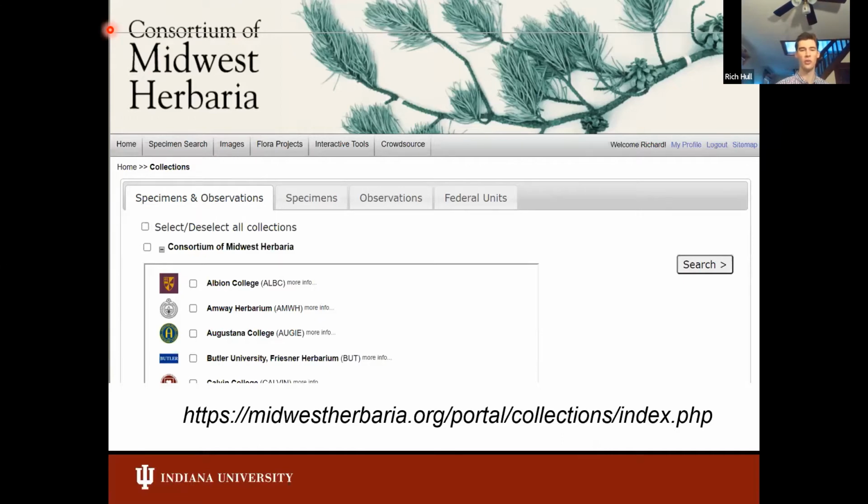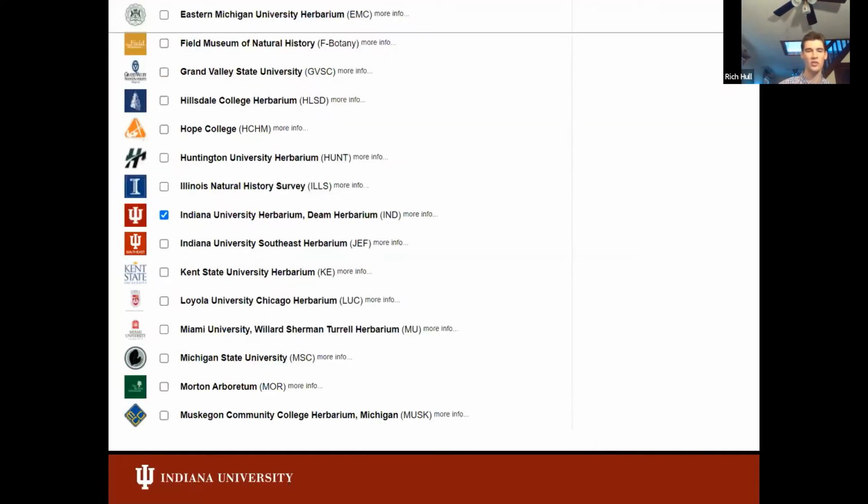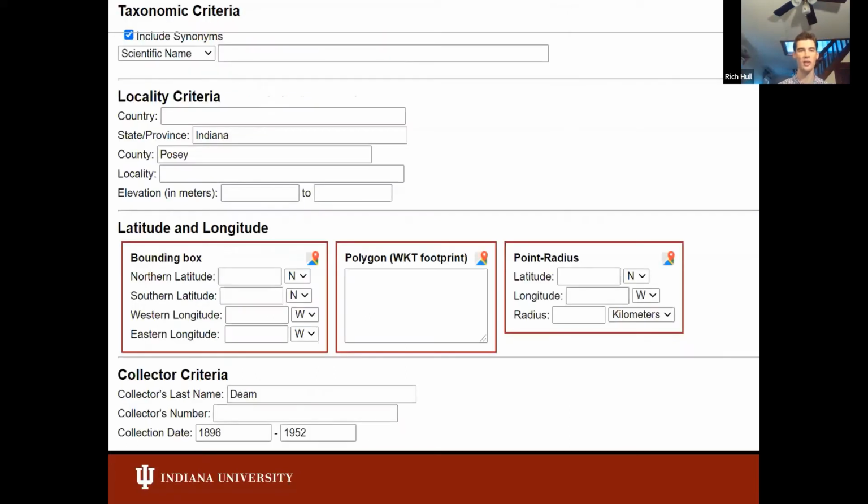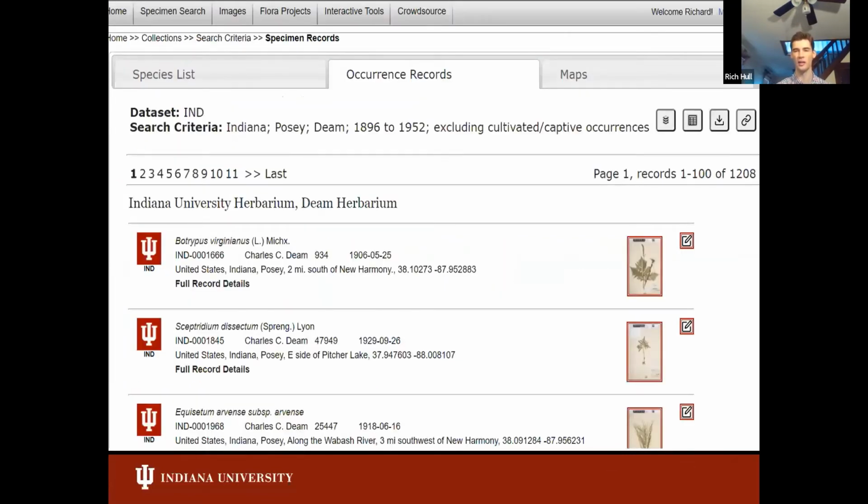And if you go to this URL here, you'll have to scroll down to the Indiana University checkbox and check it. And then if you go to the next page, you can put in your search query. So I put in Indiana, Posey County, the collector's last name of Deem, and I put in the time frame, 1896 to 1952. And once you search that, it will provide a list of the specimens collected then.